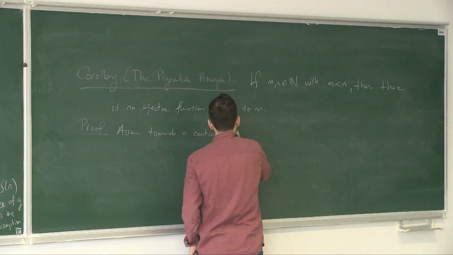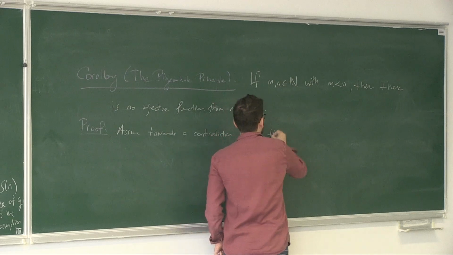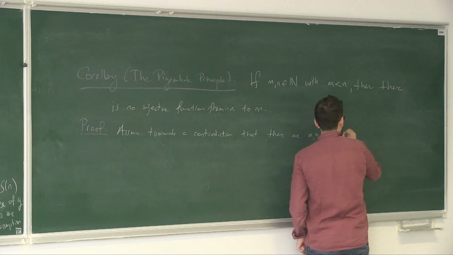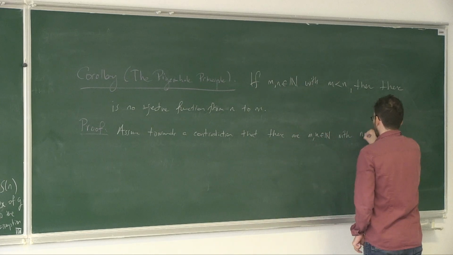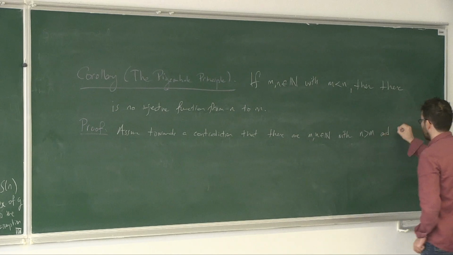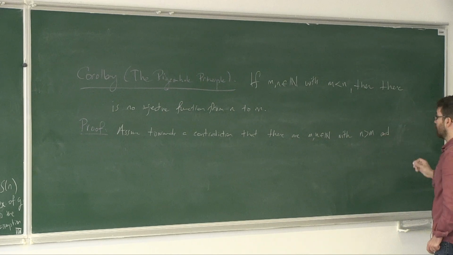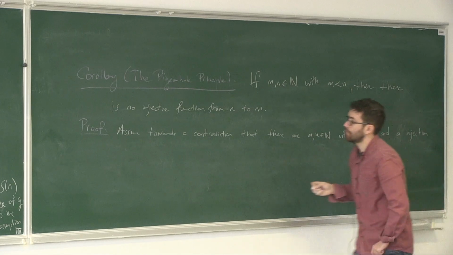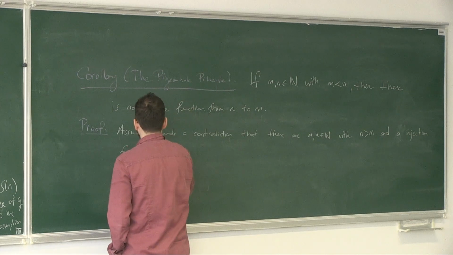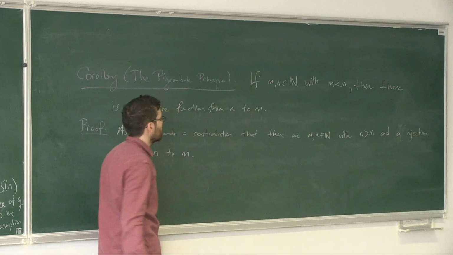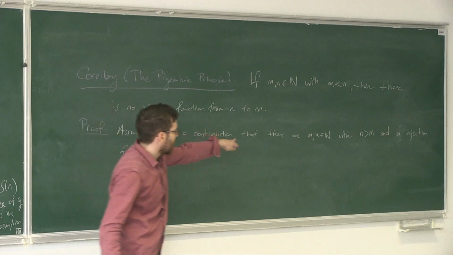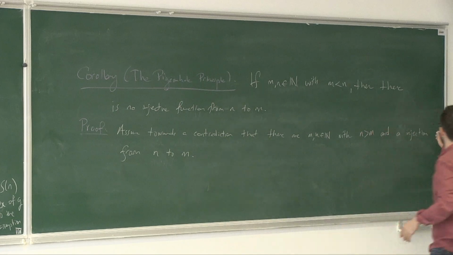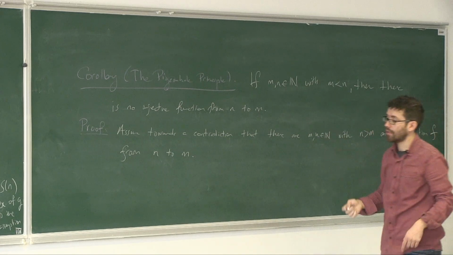Towards a contradiction that there are natural numbers m, n such that n is greater than m, such that there's an injection from n to m, okay? So assume that this is not true. So there are natural numbers m, n such that n is greater than m, and there's an injection f, let's name this f, from n to m.